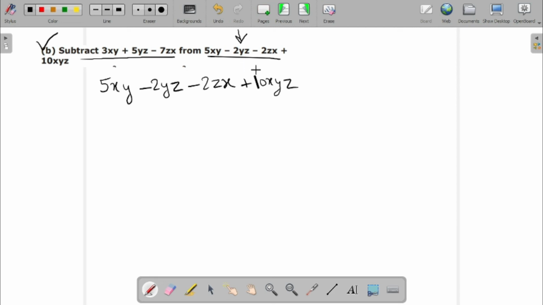After writing this term, then we put minus. Why? For subtraction. Then we write the first term, that is 3xy plus 5yz minus 7zx.